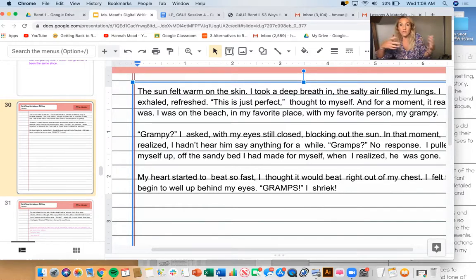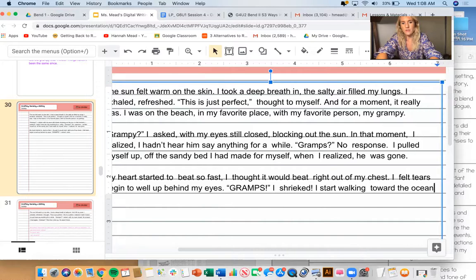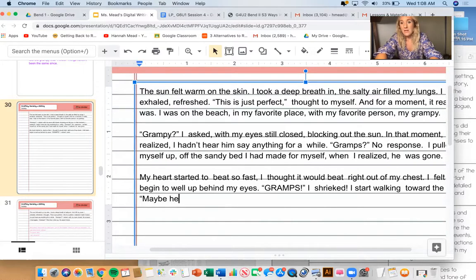Well, I would start to look around, and that's what I did. I started to really look around, panicked. "Gramps!" I shriek. I start walking toward the ocean. Maybe he went for a dip.